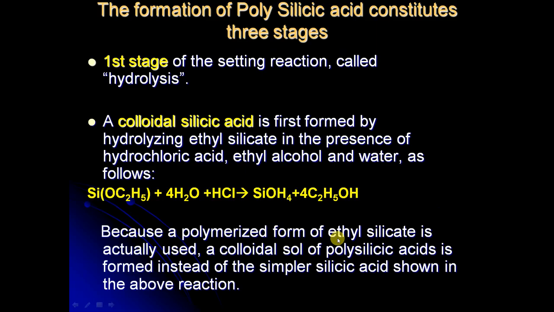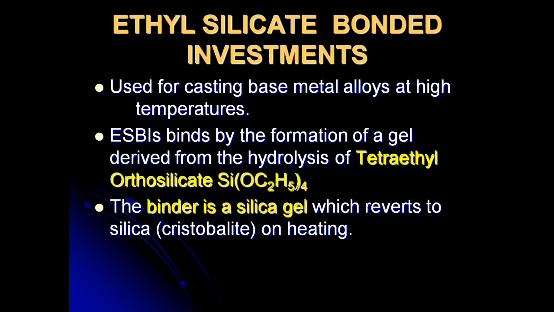Before coming on to this, I have some important points regarding your silica bonded investment material. As I've told you, silica is the binder, which may be derived from the ethyl silicate or the silica gel. It is used for the high fusing base metal partial denture alloys.